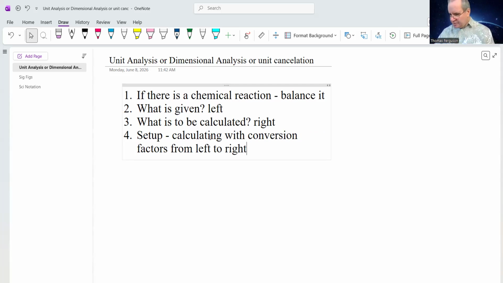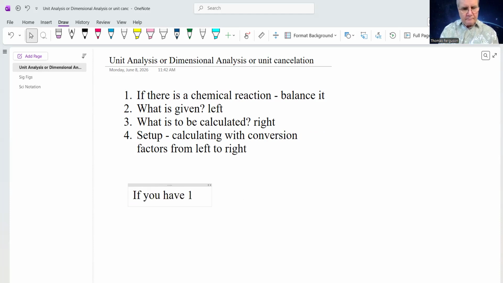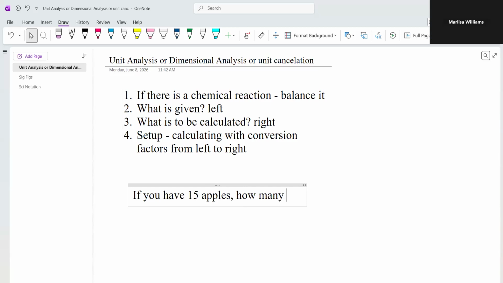Okay, so let's use a really easy example that most of you probably can do in your head. You have 15 apples. How many dozen are there? Okay, so do we have a chemical reaction?